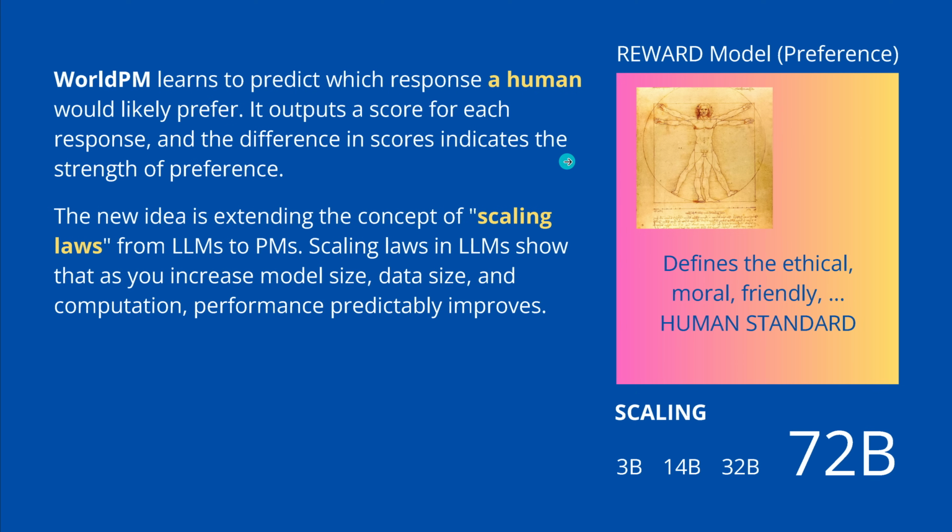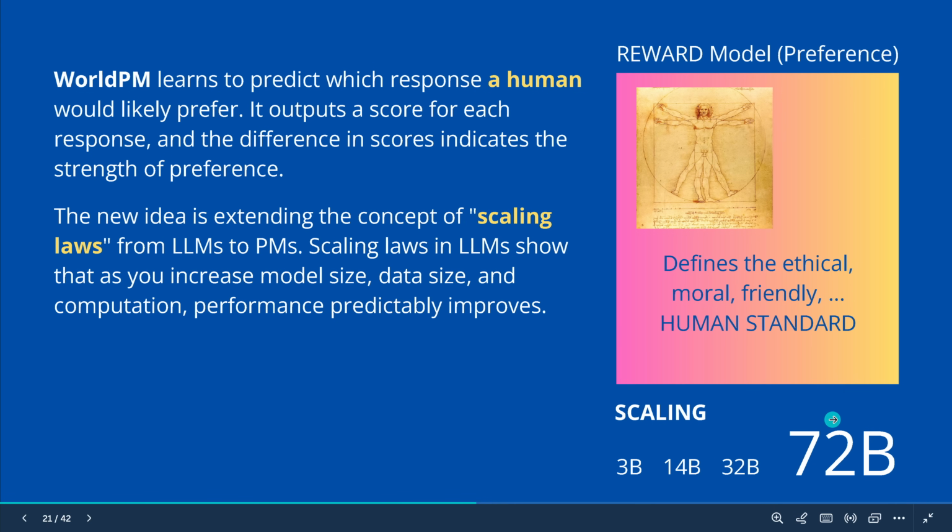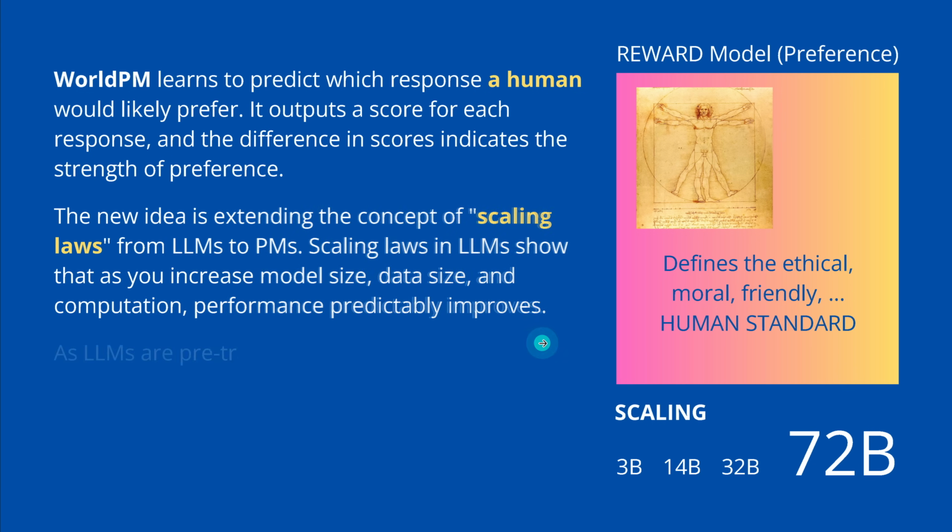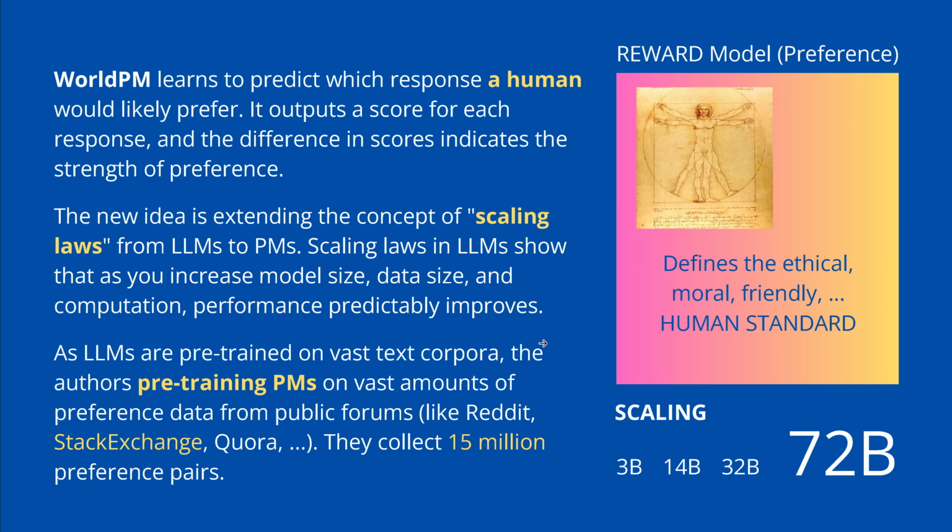So we have now the extension of the concept of the scaling laws from the large language model to the reward model, or the preference models. And indeed, the authors find scaling laws, not only like in my last video in LLMs, but now also similar laws for the reward model. And I have already given you the result. The 70B model seems to be the perfect equilibrium.